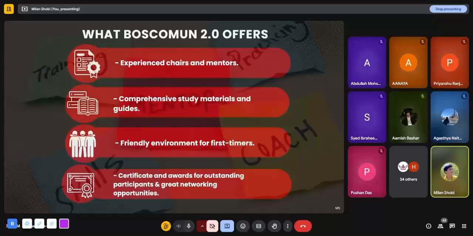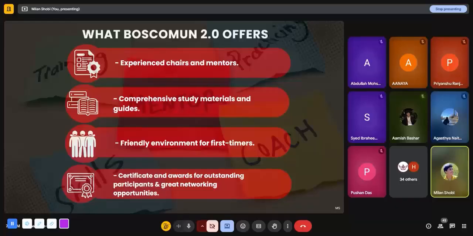Going further, we offer a very friendly environment to all the first timers. Now you might be wondering, okay, I'm a first timer. How would I even learn what an MUN is? After this orientation as well, you will have tons of questions. But we are here to help you.